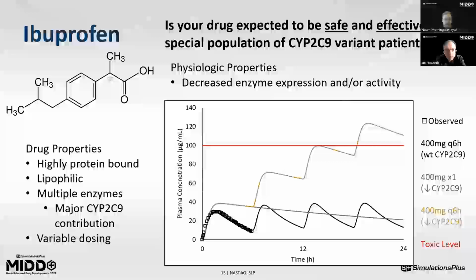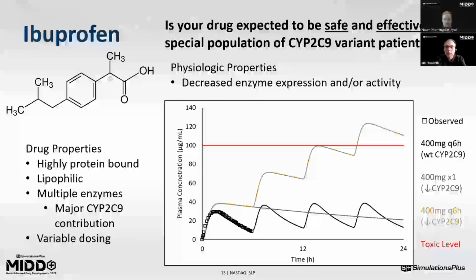We have a similar example for ibuprofen. This one instead is a CYP2C9 substrate for clearance through the liver. And the population that they chose to look at, which relates to that, was pharmacokinetics of CYP2C9, looking at a population with decreased enzyme expression. And so, same question, how do you represent this in the model?